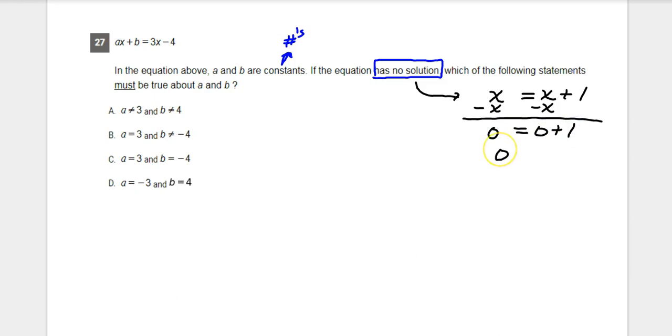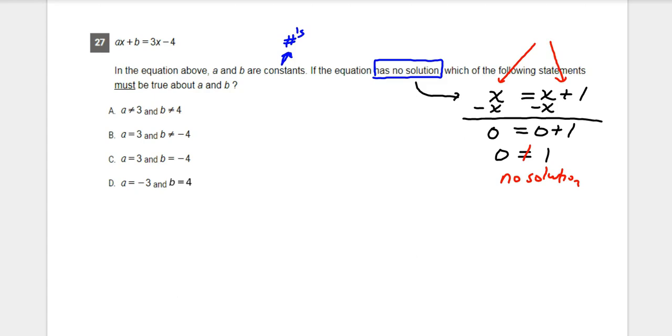And you're like, what? 0 does not equal 1. That's not true. When all your variables disappear and you're left with a false statement, that's a problem that has no solution. And if you look right in the beginning, there is no x I can plug in to make it true, because the right side is always going to be 1 bigger than the left side.